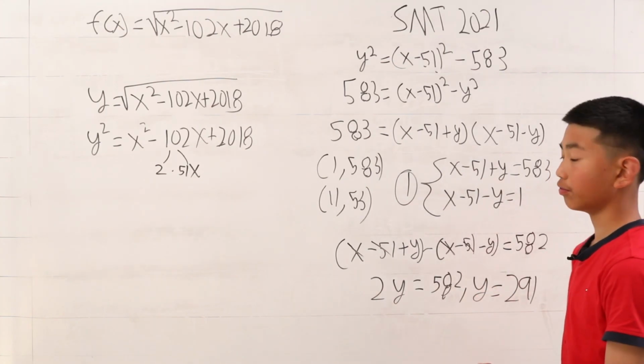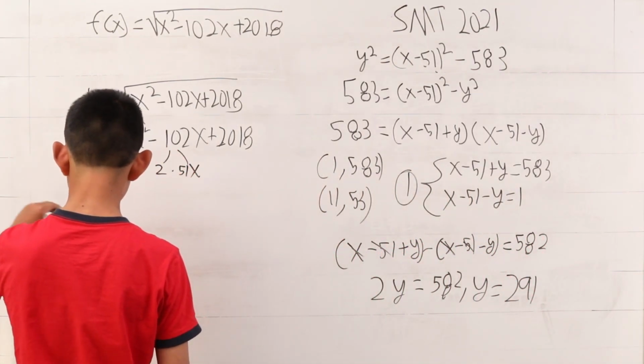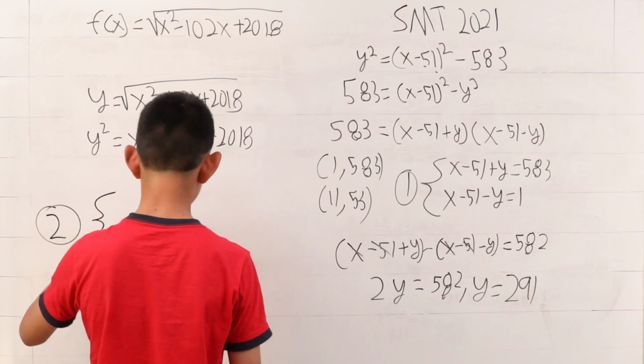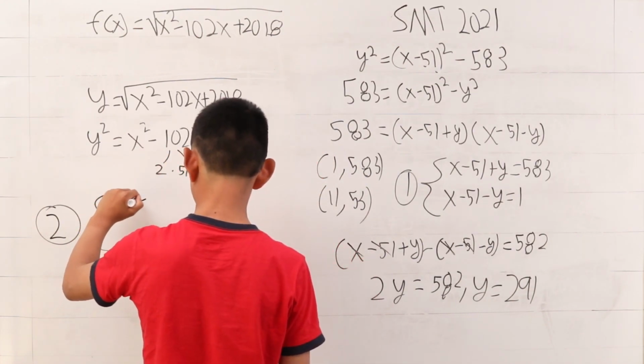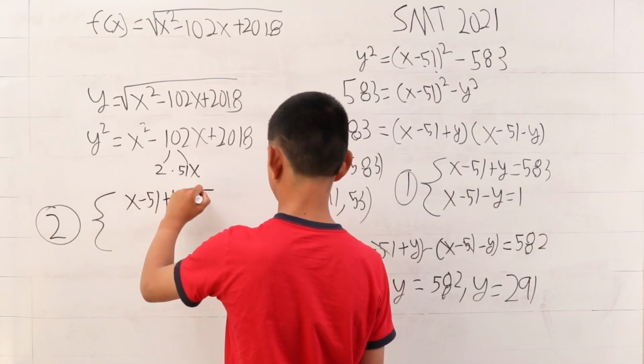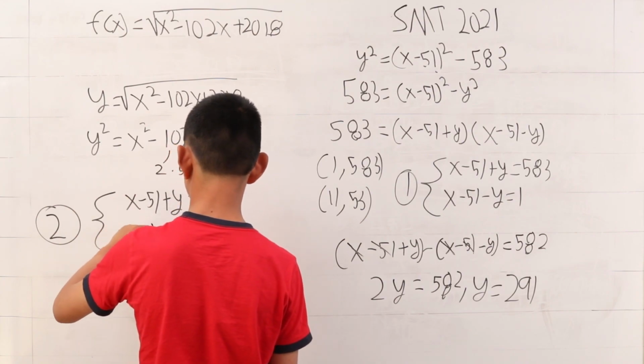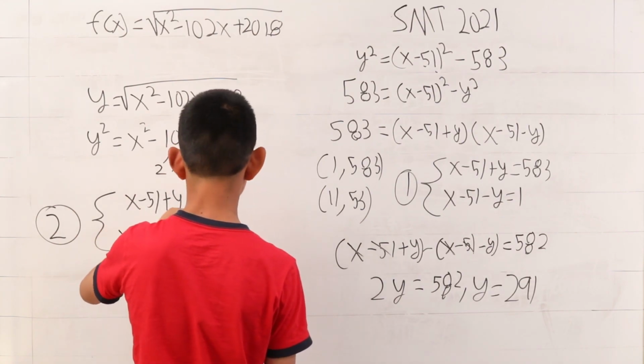Now, let's solve for our second case. Our second case is where x minus 51 plus y is equal to 53, since it has to be greater, and x minus 51 minus y is 11.